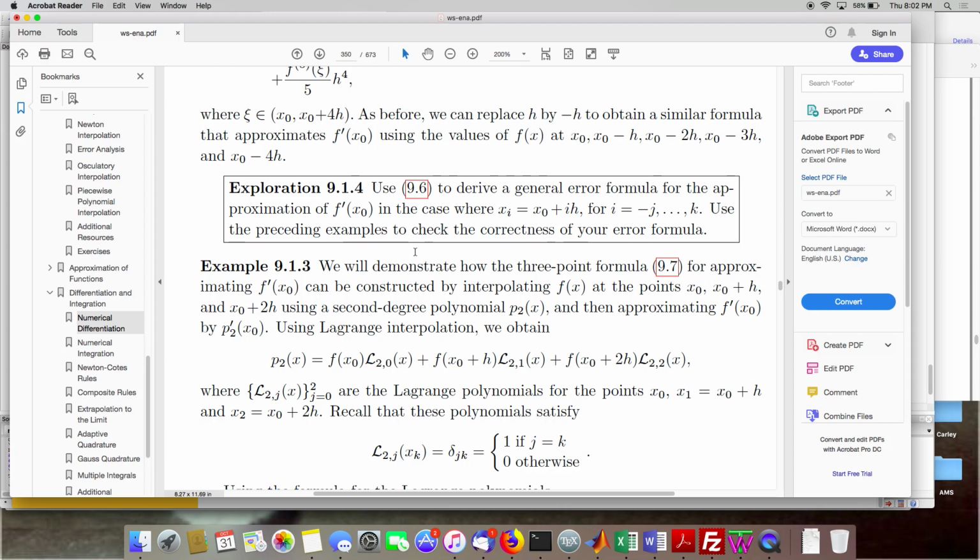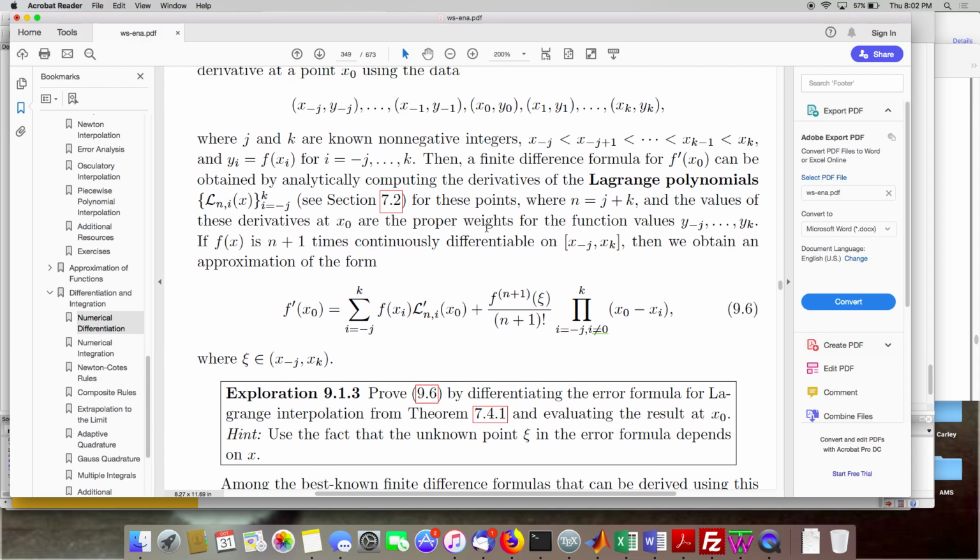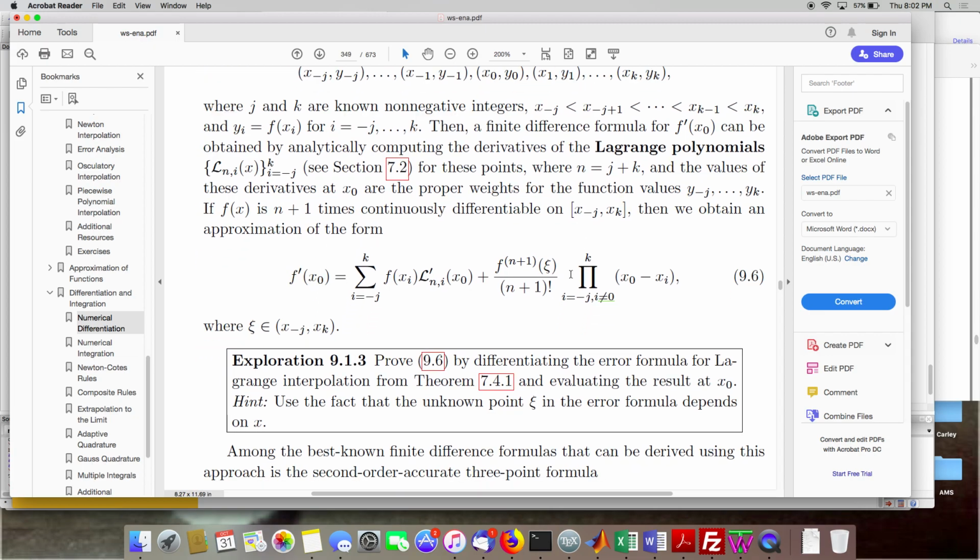I don't understand the index when you say i starts from minus j. Okay. So what I'm doing here, if we look at the formula you're supposed to use, this one right here. This is because some of these points are to the left of x naught and some are to the right of it. It gives a convenient way to define those points.